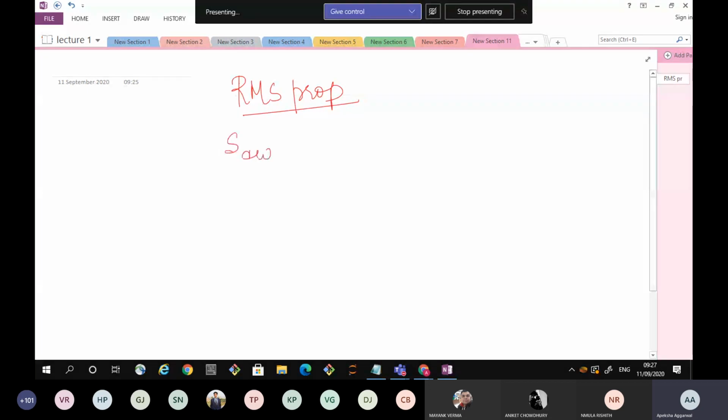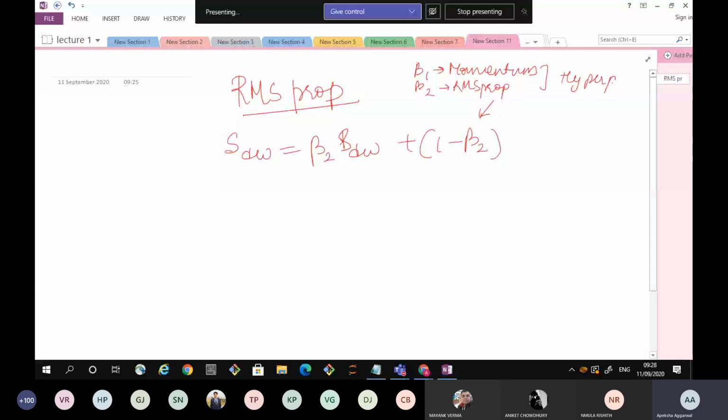In RMS prop, only one formula is there that you have to learn, that is SdW equals beta 2 SdW plus 1 minus beta 2 dW square. I'm writing beta 2 to avoid confusion, since beta 1 was for momentum. So beta 2 is the hyperparameter for RMS prop. These two are hyperparameters. In RMS prop we square and we do square root, only two changes.